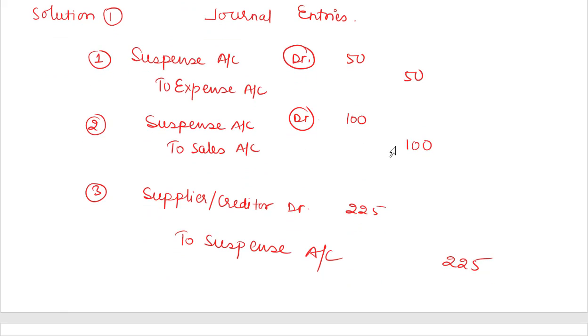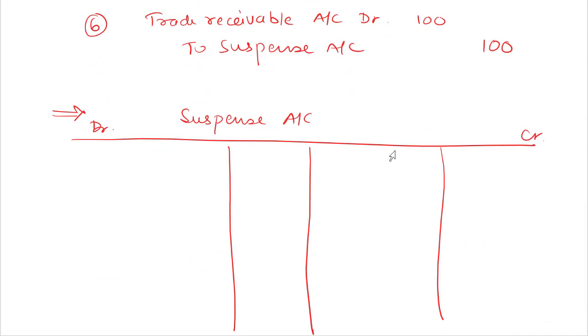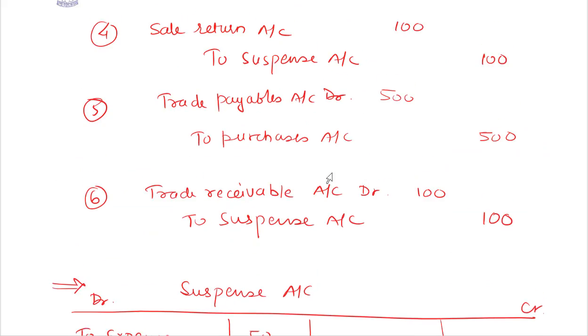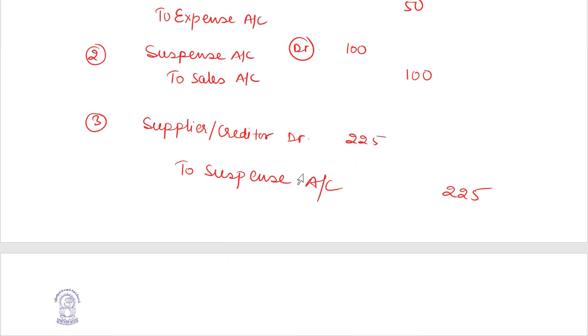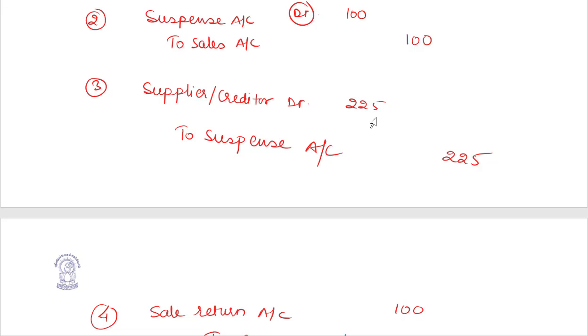Over here needs to be debited 100. To expense 50. To sales 100. Over here needs to be credited 225.